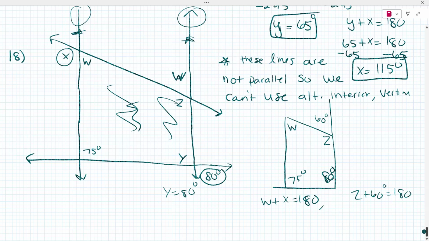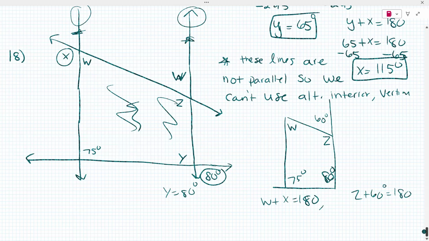Do we know what W is? I think that angle 75 plus W is going to add up to 180, right? Wait, so we know that W plus X equals 180, and then Z plus 60 is 180 as well.